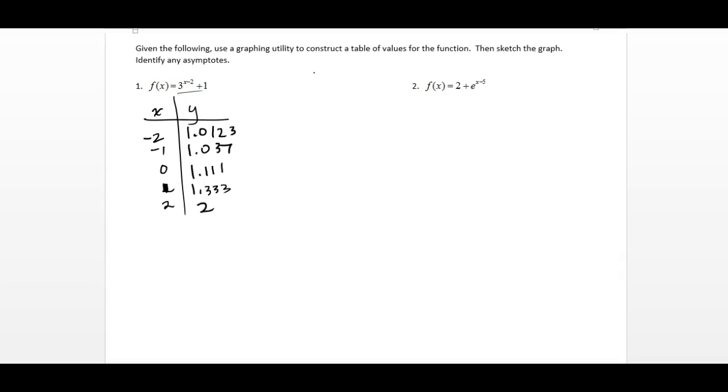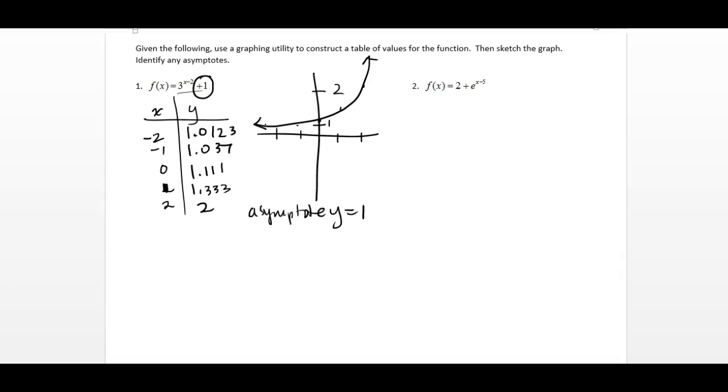So if I graph that, my curve is looking like this. Now, asymptote, look at your curve. Where is it not going to cross? It's really not going to cross where y is 1. So my asymptote is y equals 1.